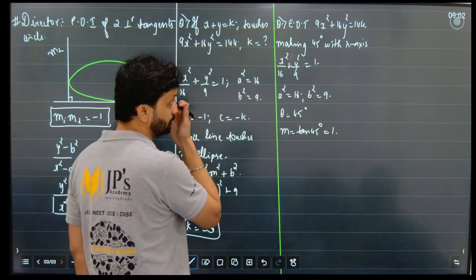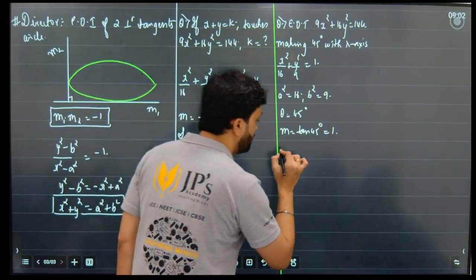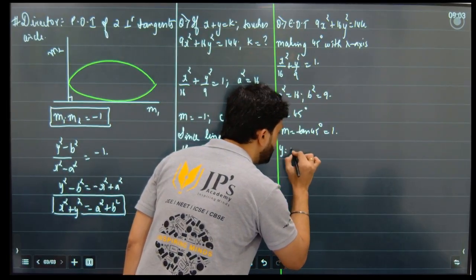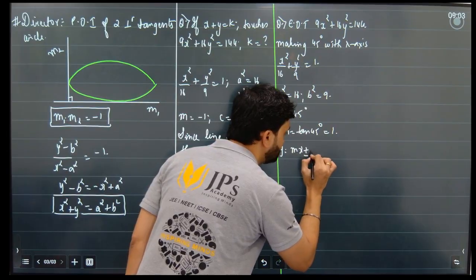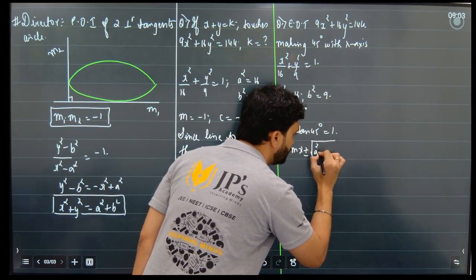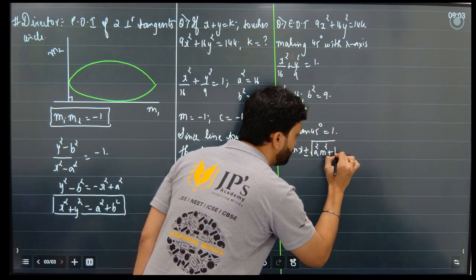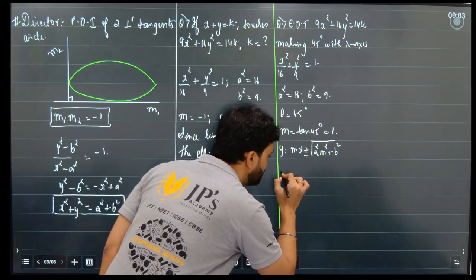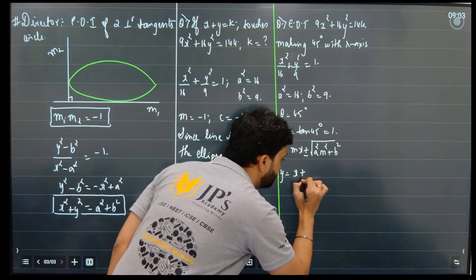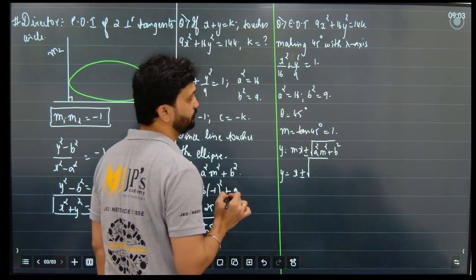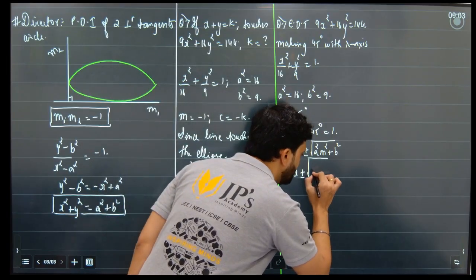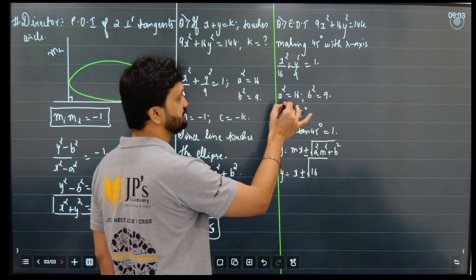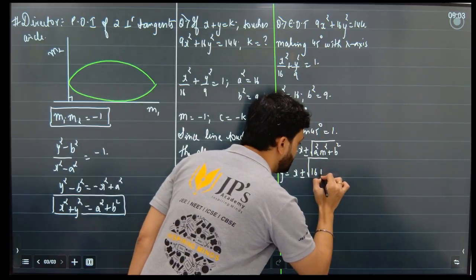So I have m also. And since the slope form is given, my equation will become y is equal to mx plus minus under root of a square m square plus b square, which will become y is equal to x plus minus under root of a is nothing but 16, m is nothing but 1, and b is nothing but 9.